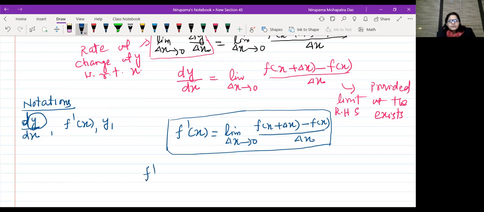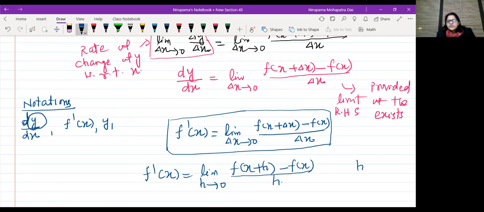Another way to express this is f dash x equals limit h approaches to 0, f of x plus h minus fx divided by h. What is h here? H is a very small positive number. So again, you can say it is change in x. I'll be showing you that in GeoGebra also.